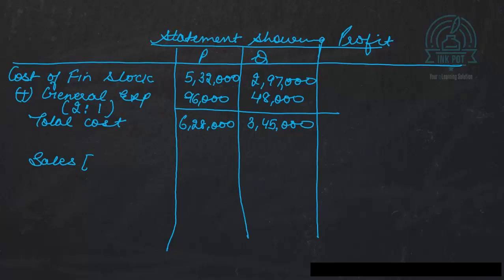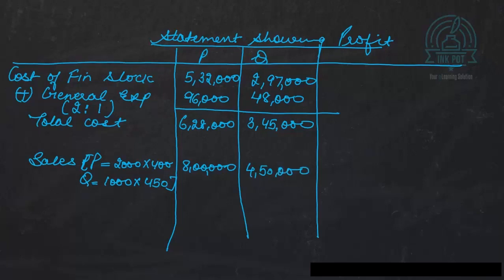So 2000 into 400, you will get sales of P as 8 lakh, right? And sales of Q is 1000 into 450, so sales is 4,50,000.